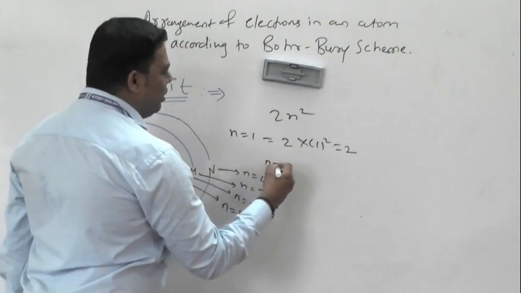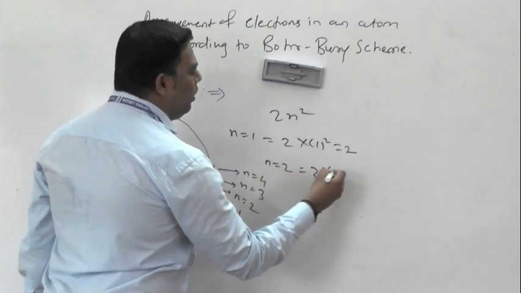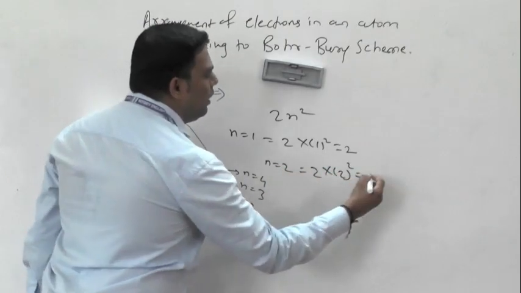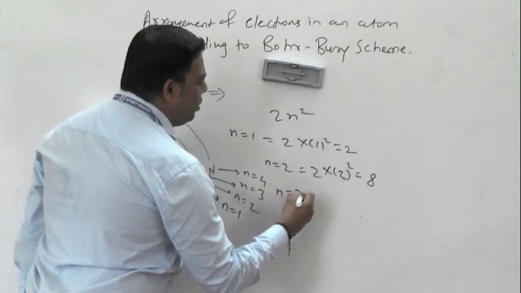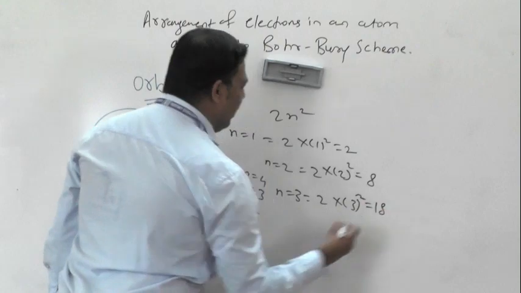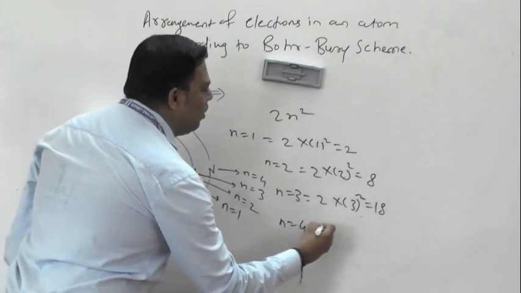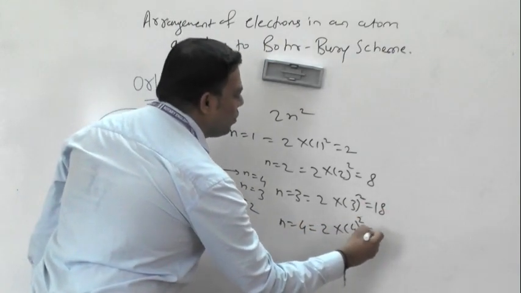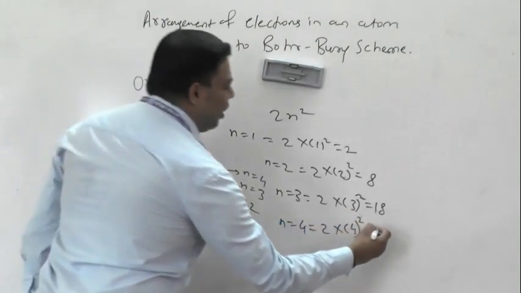Then for n equal to 2, 2 into 2 square is 8. When n is equal to 3, 2 into 3 square is 18. And n equal to 4, 2 into 4 square is 32.